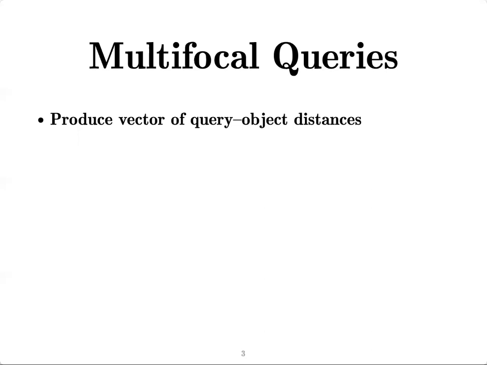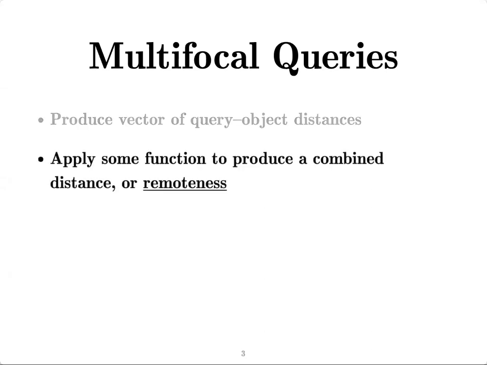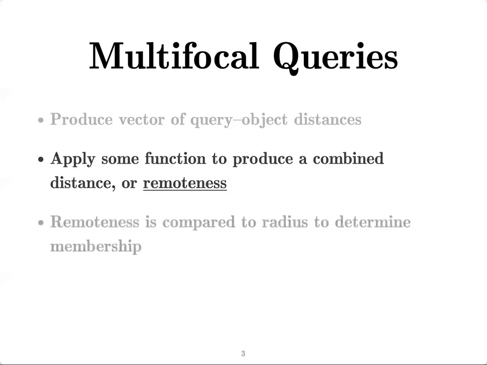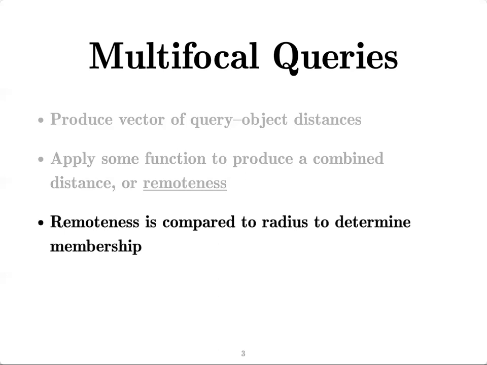This vector is just a vector of the distances to the query objects. So for each query object, we have one real number. And then once we have these vectors, we apply a function to produce some kind of combined distance or a remoteness. And then we threshold this remoteness using a combined radius to determine membership.